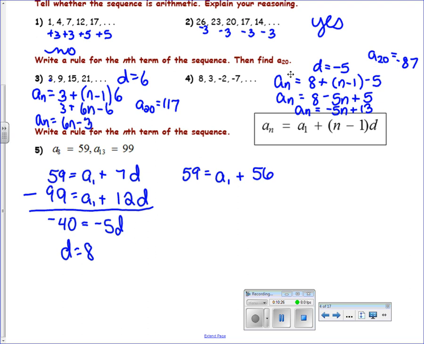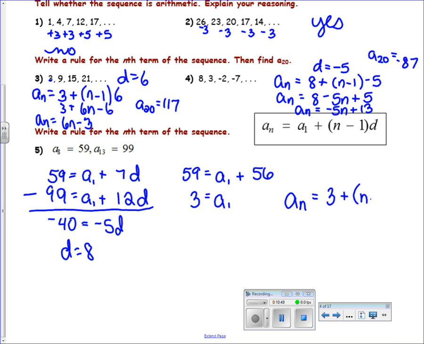Okay, what do you think we're going to do to find A1? Subtract 56 from both sides. So what's A1 equal to? 3. So now do I have the right information? Yes. So now I can write my basic equation. A sub n is equal to, what's my first term? 3.